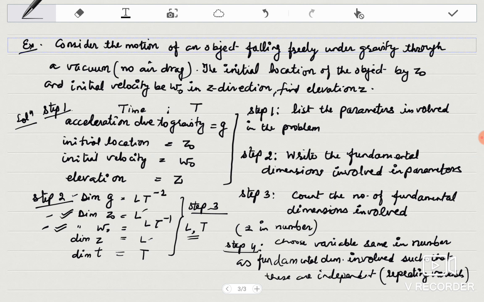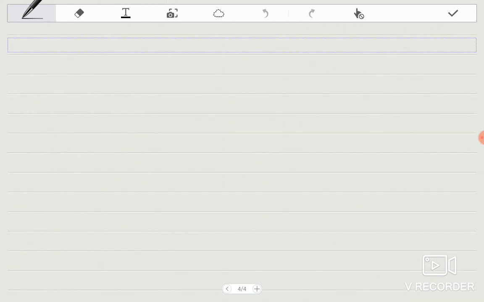I have to choose only two. So I am choosing this one and this one. Okay. So in step 4, my repeating variables are Z0 and W0.